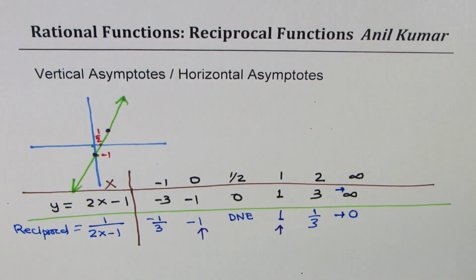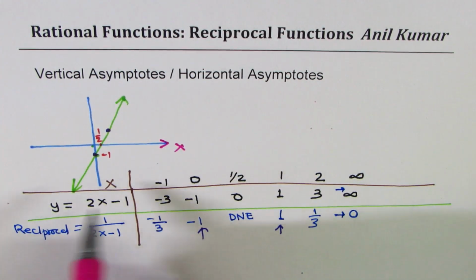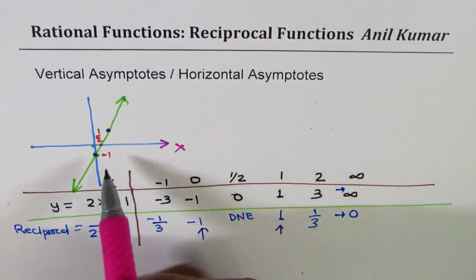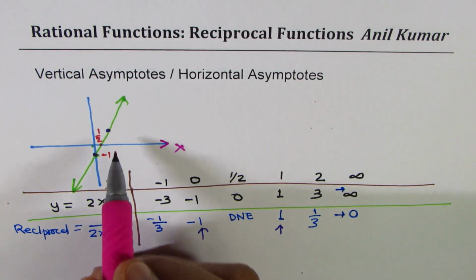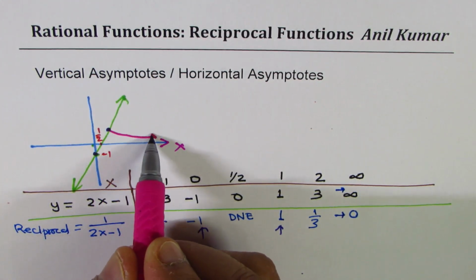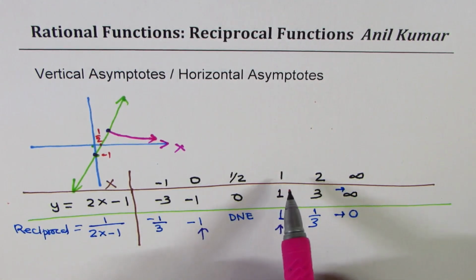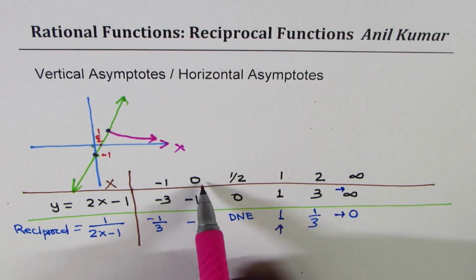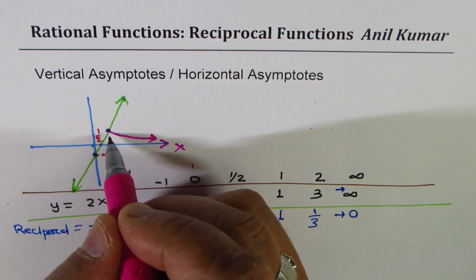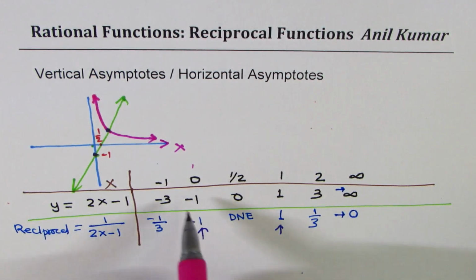Now as the value of x increases, we see that the reciprocal value actually decreases, right? So on this side the graph will be kind of like this, approaching towards 0. As we move to the left of 1 towards 0, on the positive side only, towards this point, it actually increases kind of like this. So you can take up more values to fill this up.